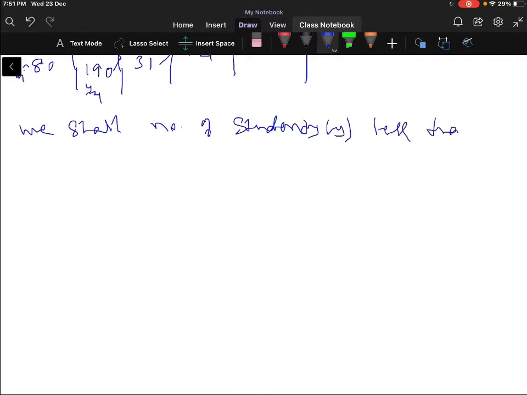Y less than 45 marks. It means you have to find out y of 45. You have to estimate the y value at x equal to 45.